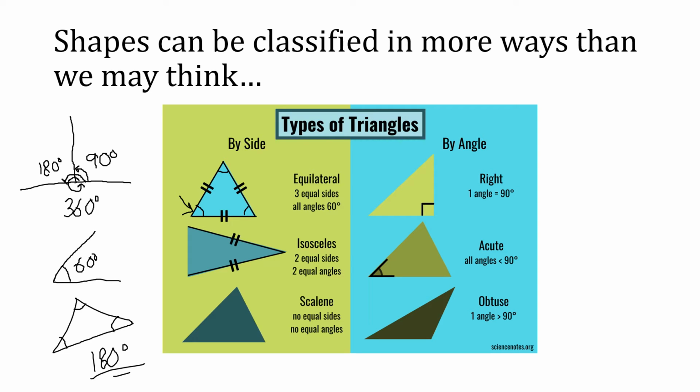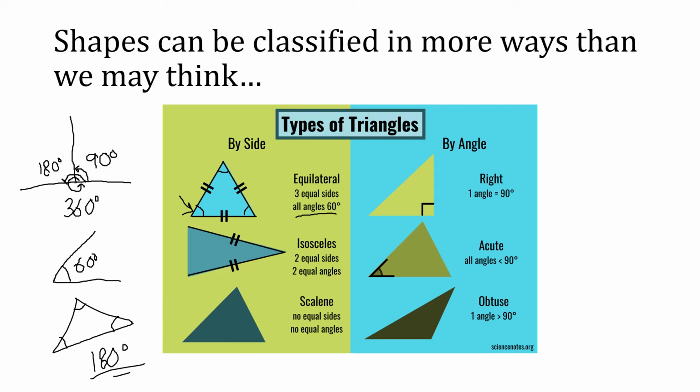So if you think about that, then this fact of all the angles being 60 degrees is pretty obvious. If all the angles have to add up to 180 degrees on the inside of the triangle, and you have 3 angles that are all the same size, then they all have to be 60 degrees, because that's just 180 degrees divided by 3. So that's how we can define an equilateral triangle.